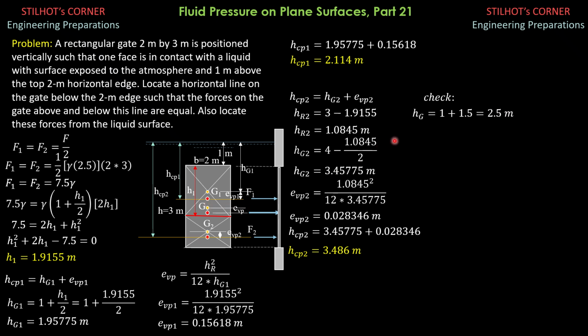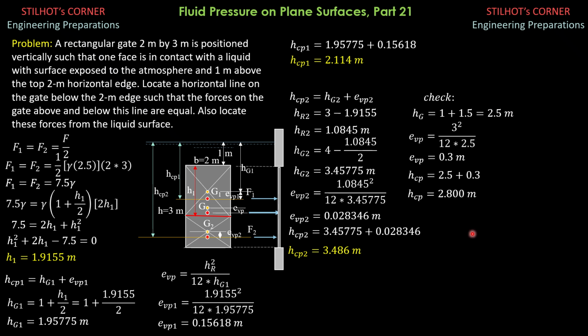Hg equals 1 plus 1.5, so 2.5 from the surface. Then EVP is equal to height of rectangle 3 square divided by 12 times 2.5, and that is equal to 0.3 meter. So H sub Cp for the single force is equal to Hg 2.5 plus EVP 0.3 meter. So H sub Cp should be 2.8 meters.